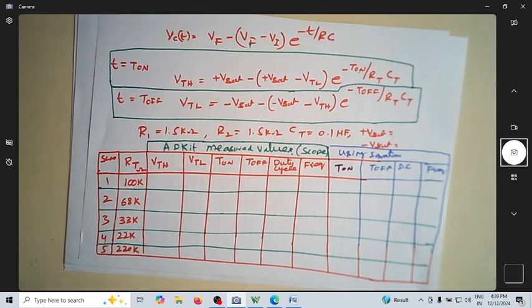You get this from ADKit, and use these two equations to find T on, T off, and ultimately calculate duty cycle and frequency. One interesting observation is that the duty cycle of all the readings will be around 40%, because we are not changing the duty cycle. Duty cycle remains the same. That's one of the interesting things you are supposed to notice.